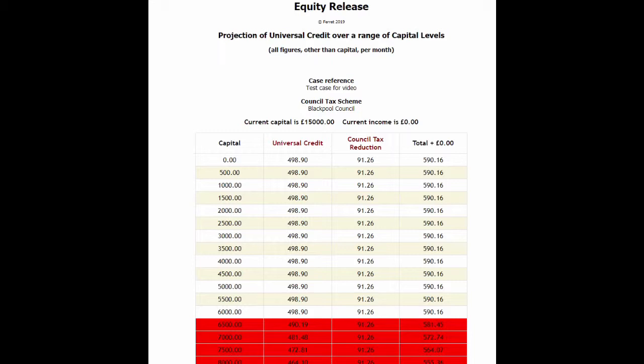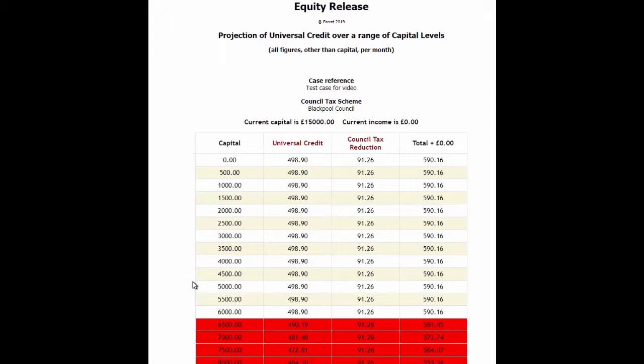Looking here at the capital, you will notice that we're first of all looking at a case where universal credit, the new benefit which is being rolled out, applies. And already you can see towards the bottom of the screen a big block of red, demonstrating that something dramatic is happening here.